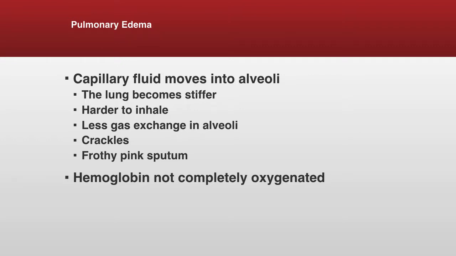If it was blood, we should be calling it hemoptysis, spelled H-E-M-O-P-T-Y-S-I-S. And that would mean that there was blood in the sputum, but we don't have blood in the sputum. We have pink frothy sputum because it's the exudate, it's this fluid that's there.